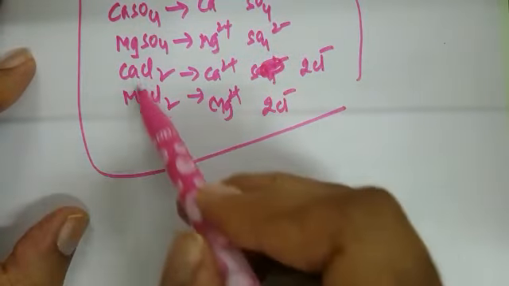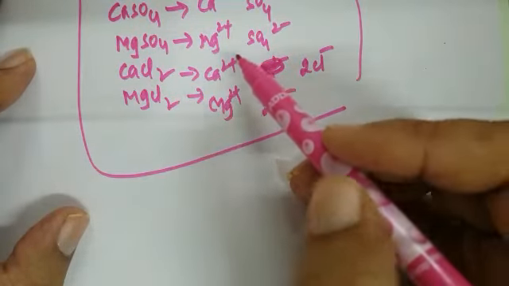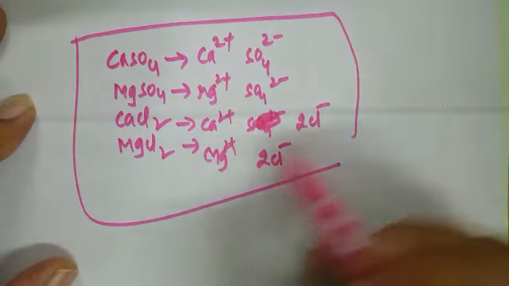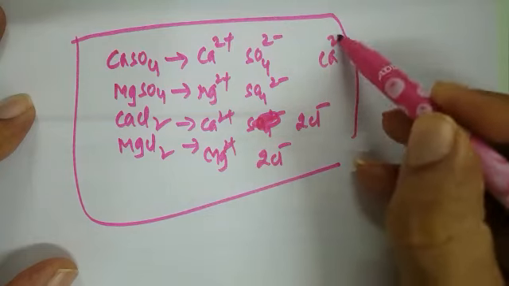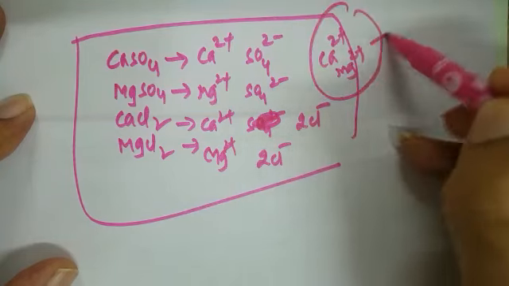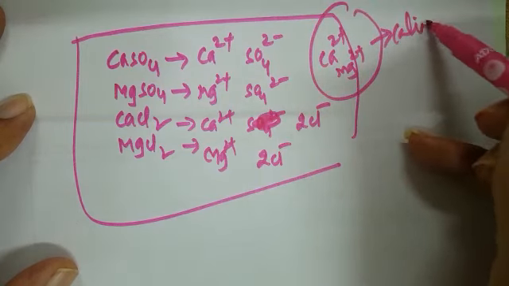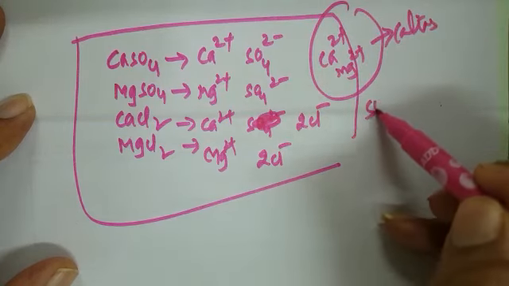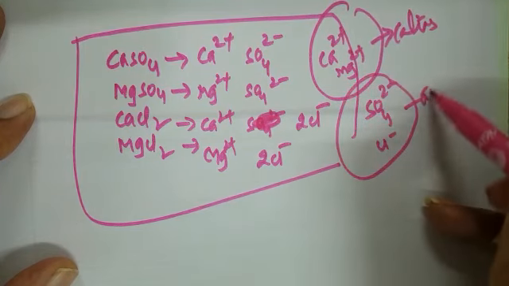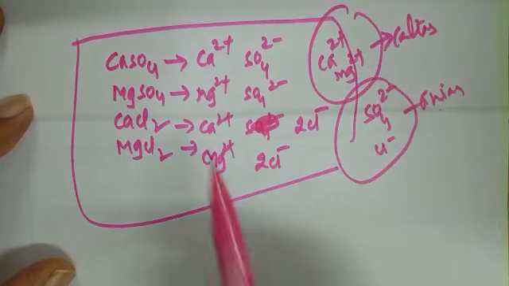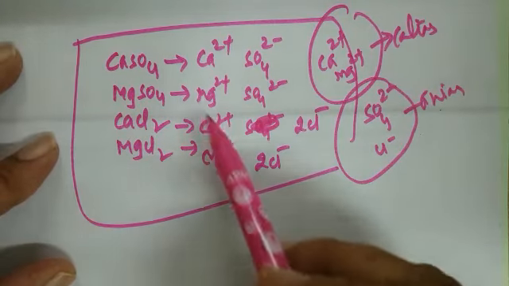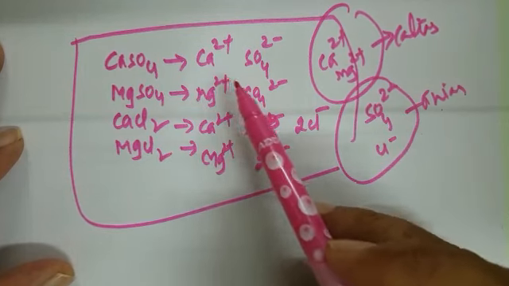These are present in the water in ionized mode. Here Ca2+ and Mg2+ are cations, and SO4 2- and Cl- are anions.